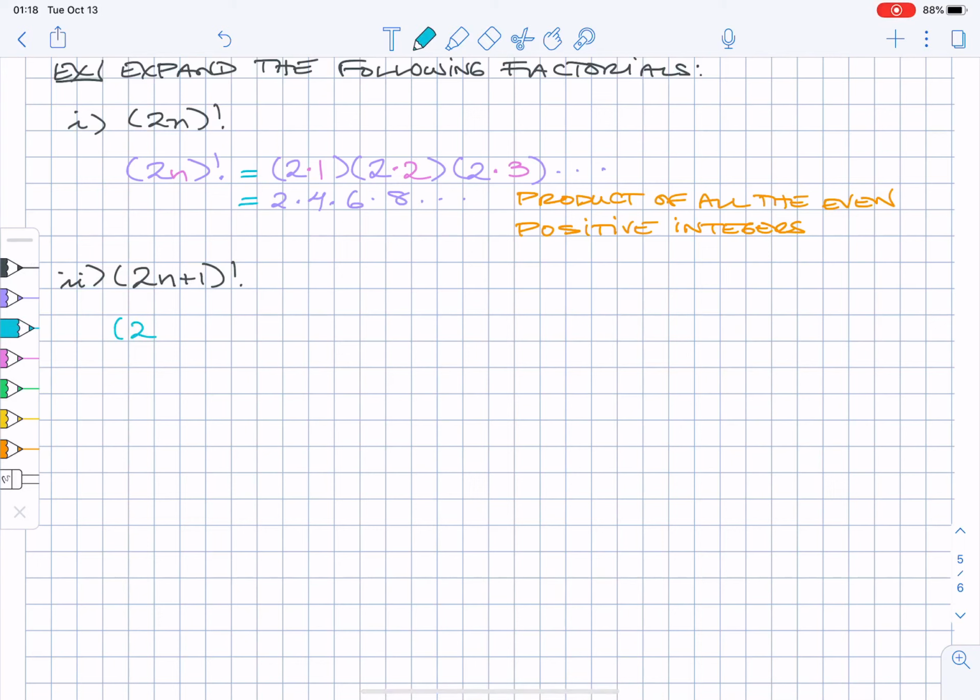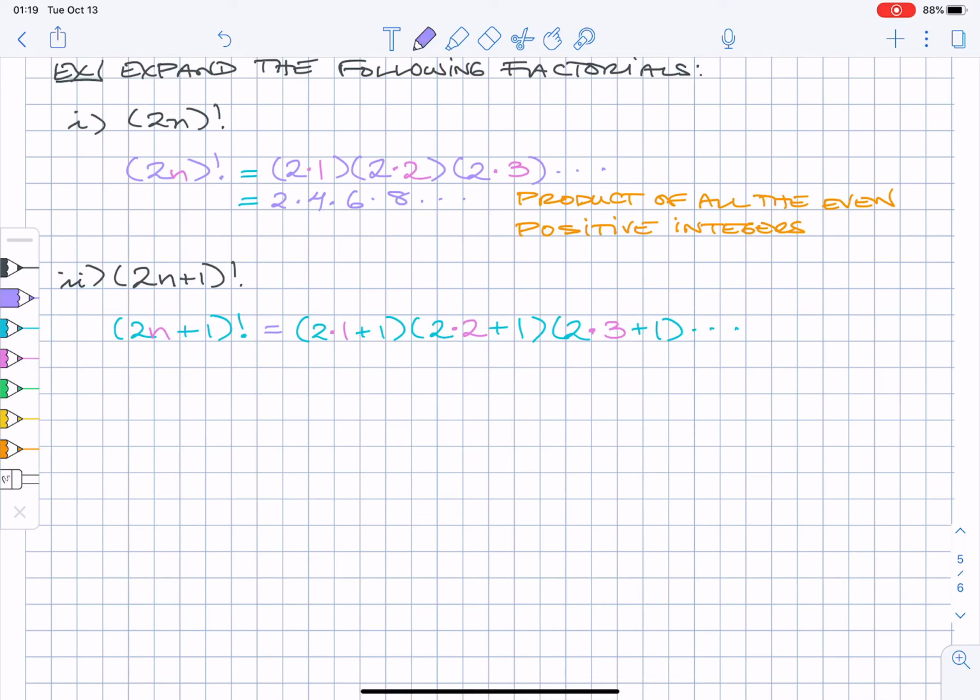If we have 2n plus 1 factorial, I claim that'll be 2 times 1 plus 1, times 2 times 2 plus 1, times 2 times 3 plus 1.